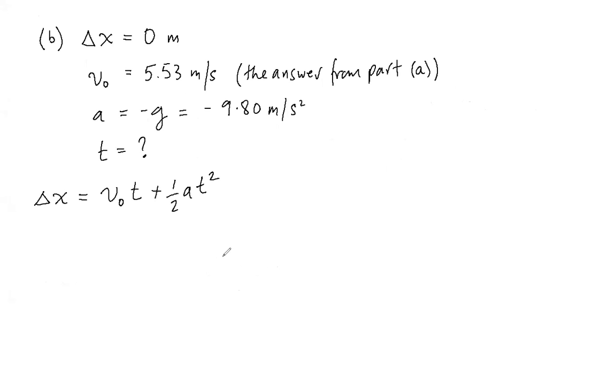All right, so this is what we have here. This of course is the same thing as x minus x0, right? That's the same thing. And so this is going to equal v0t minus 1/2 g t squared.